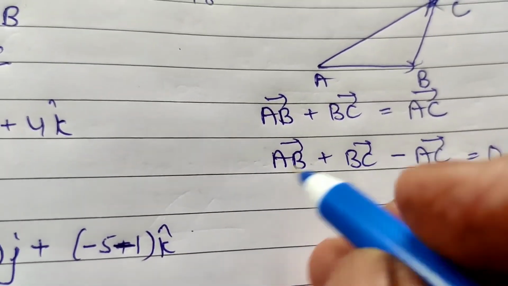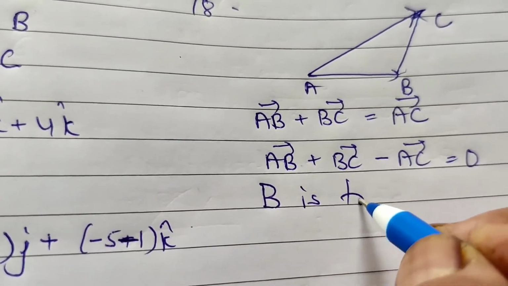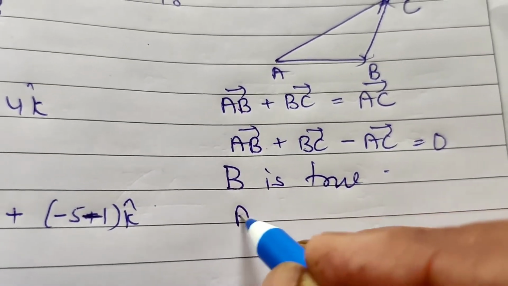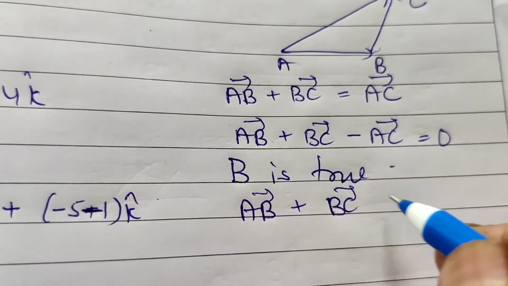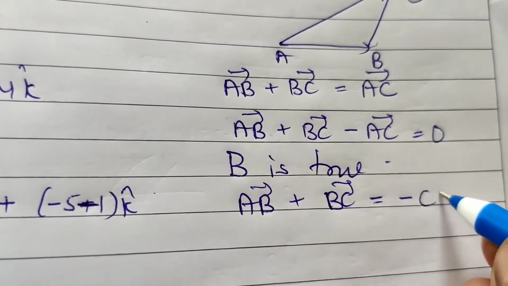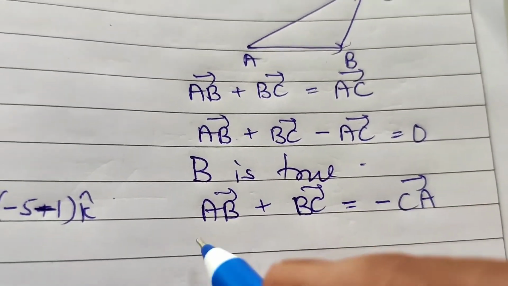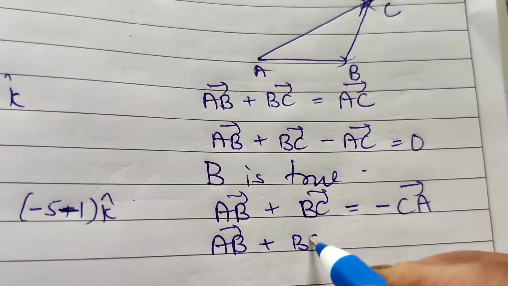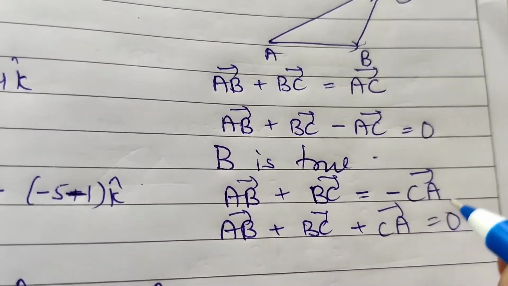It means B is true. And first, AB plus BC equals minus CA, we can write AC vector as minus CA. Now AB plus BC plus CA equals 0.